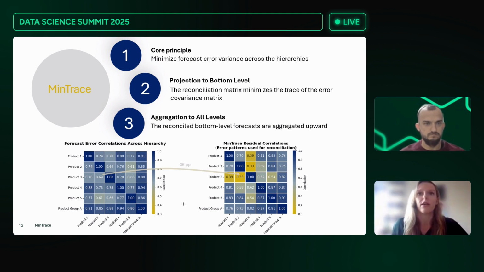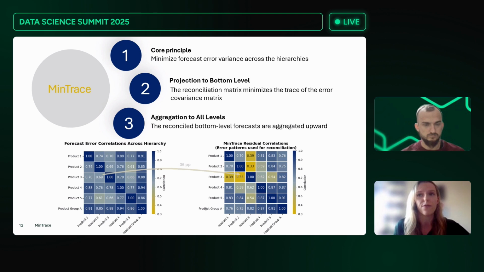After applying MinTrace reconciliation, look at what happens to these correlations in the right matrix. They drop significantly. Some dropped to the level of 0.3. So MinTrace used those original error patterns as a roadmap.